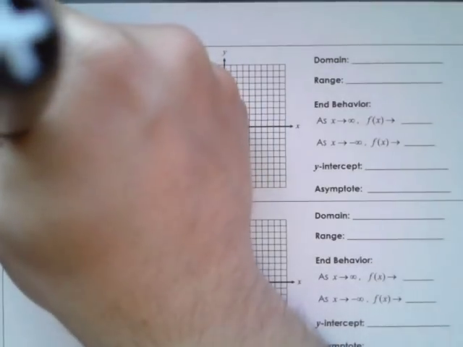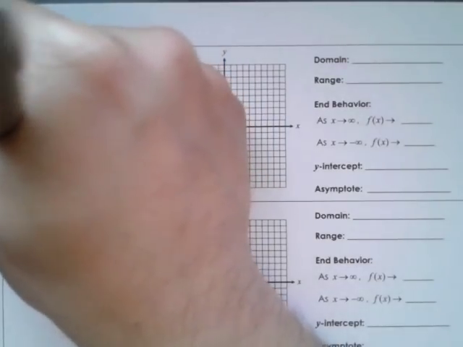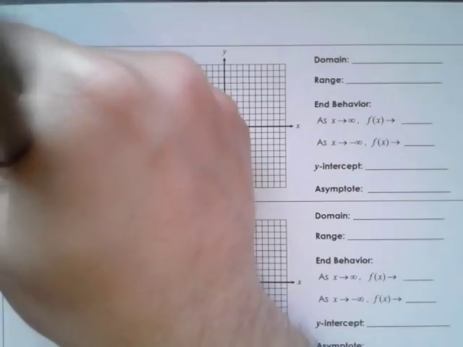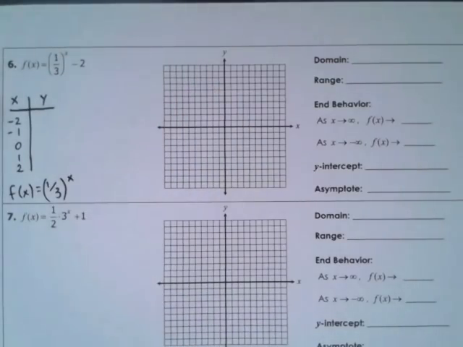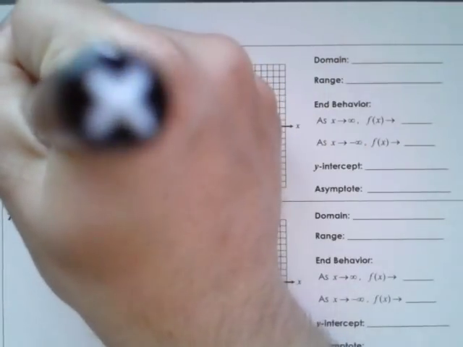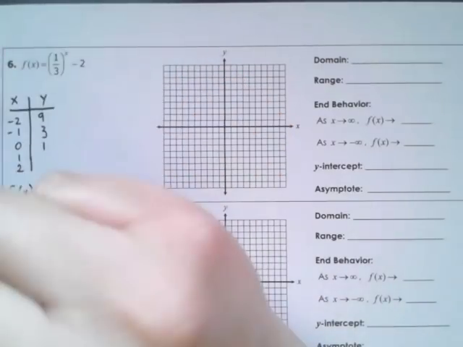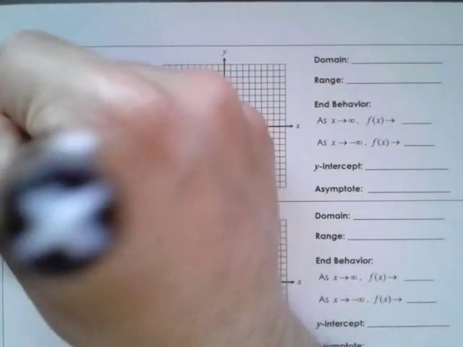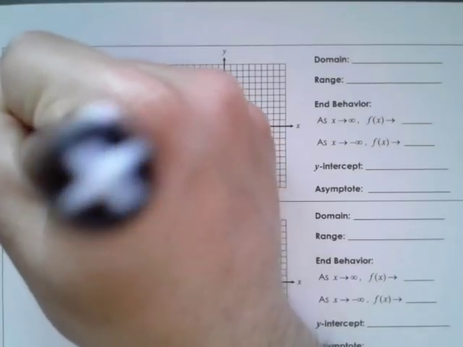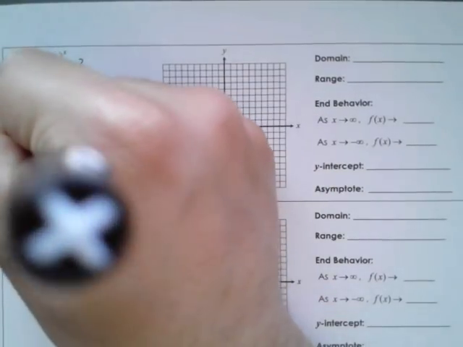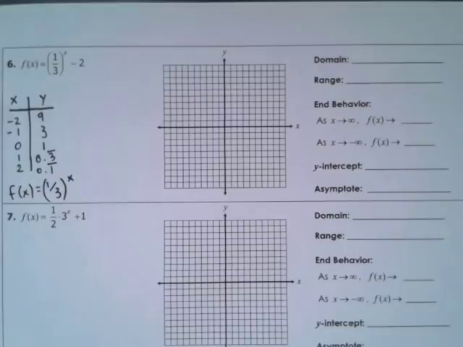So plug in the usual values, negative 2, negative 1, 0, 1, and 2. And when you evaluate these x values in this function here, you're going to get 9, 3, 1, 0.3 repeating decimal, and 0.1 repeating decimal.